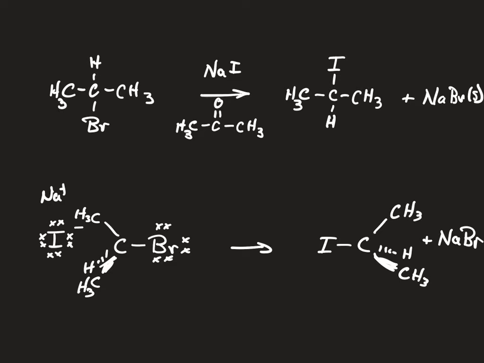So remember, acetone is a polar aprotic solvent that promotes substitution by the SN2 mechanism, right? So one thing we know about this is we're going to go SN2, right?